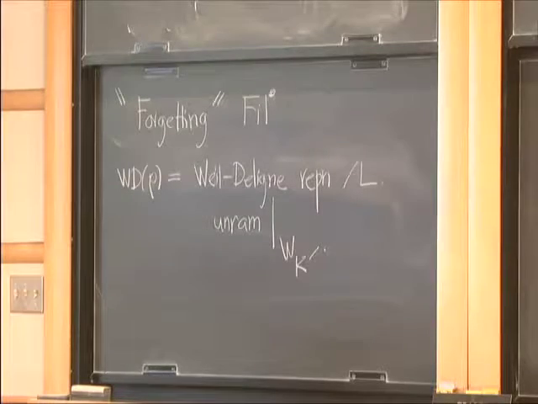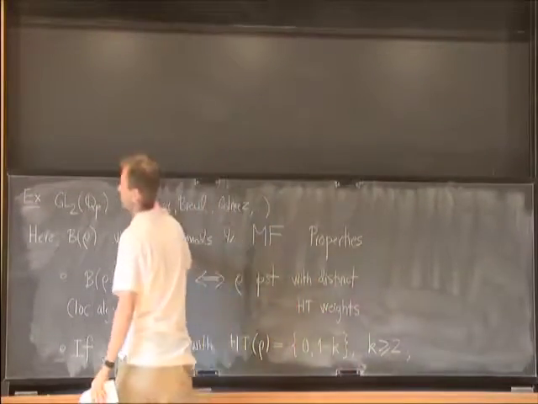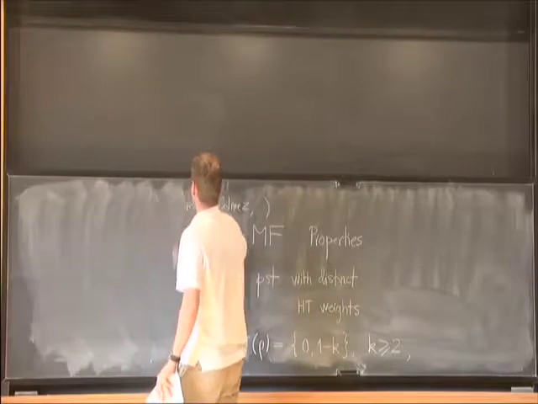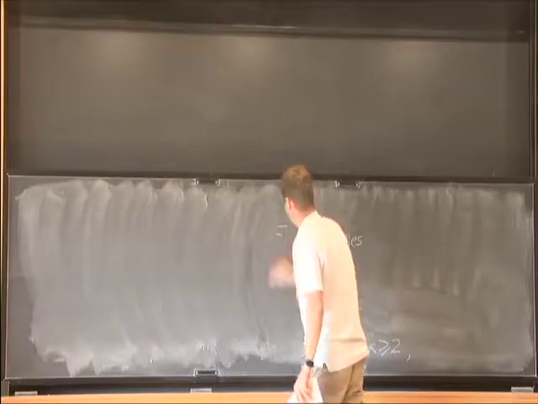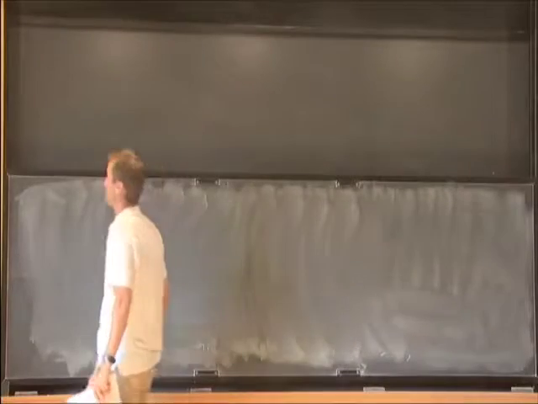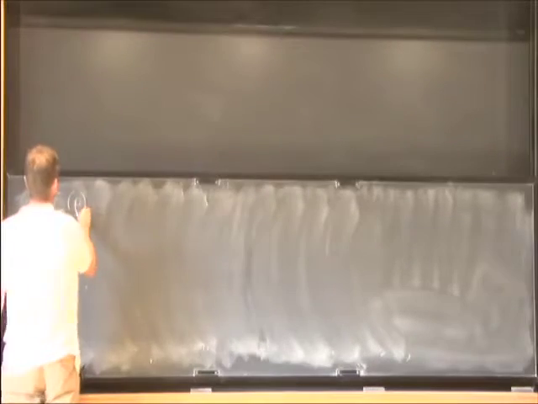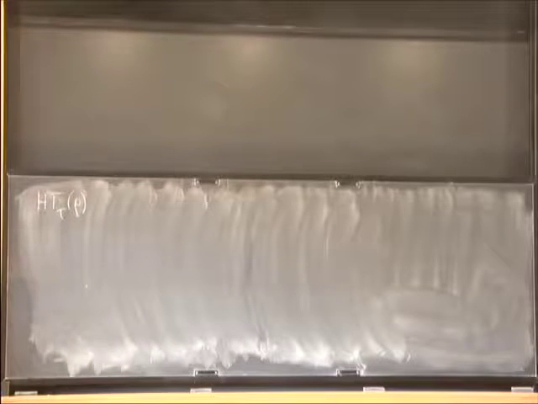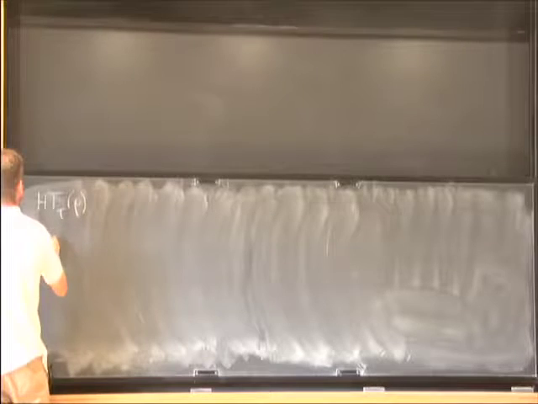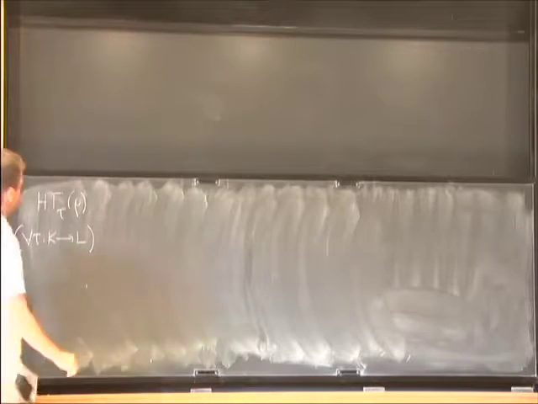And if you just record the jumps of that filtration, you have the Hodge-Tate weights. Let me label those. So you get HT_tau of rho for each embedding of K into L. It's just these integers.